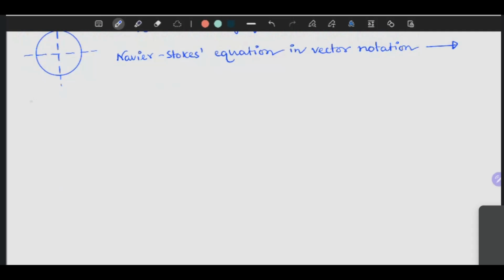So this becomes rho (du/dt plus u du/dx plus v du/dy plus w du/dz) is equal to, I will explain the terms, minus dp/dx.